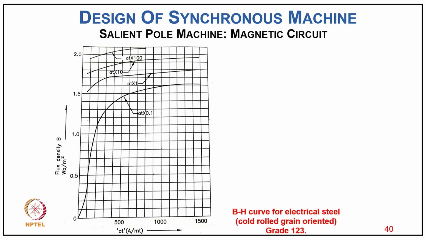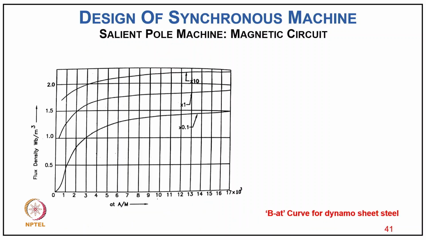And for the other parts of the magnetic circuit, because we have a ferromagnetic material, usually cold rolled grain oriented steel or dynamo steel, typically grade 1 to 3, the characteristics are shown here for different flux densities for the required MMF calculation. From these characteristics, for every part of the magnetic circuit we take the flux density, go to this characteristic, and get the MMF per unit length, that is AT per meter of the magnetic circuit length, and then we multiply by the length of the magnetic circuit, and that gives the total MMF required for that particular part of the ferromagnetic material as a part of the magnetic circuit.